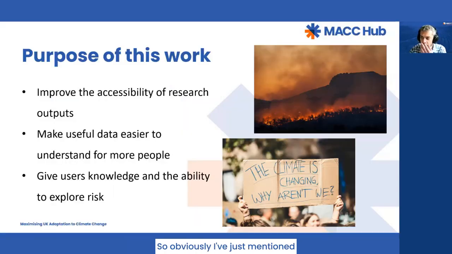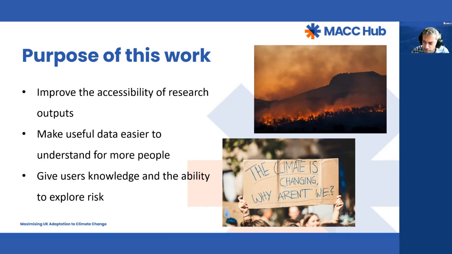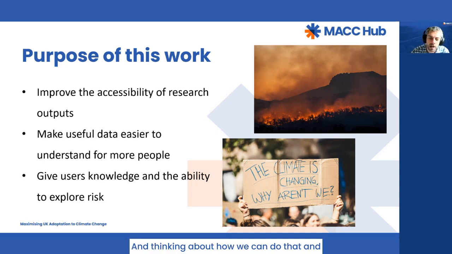So obviously, I've just mentioned the aim of the MACC Hub is around achieving and striving for transformative adaptation, giving people the agency to push for greater adaptation in their communities and their organisations, and thinking about how we can do that.